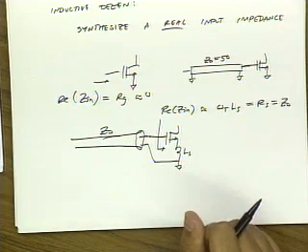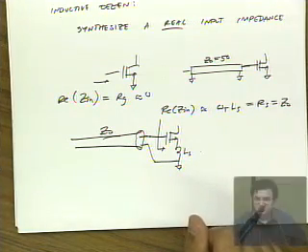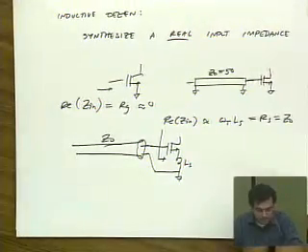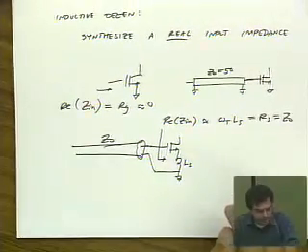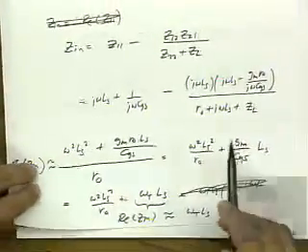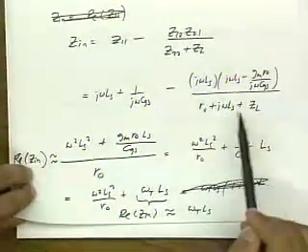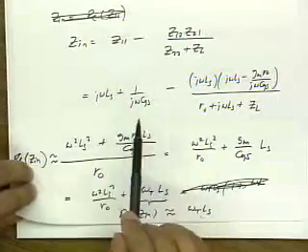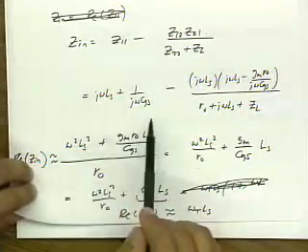Questions or comments? Okay. Well, if you go back and look at this equation, you might comment that you've matched the real part correctly, but what about the imaginary part? There's still this residual imaginary part. You're right.